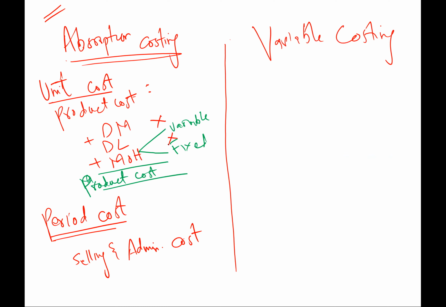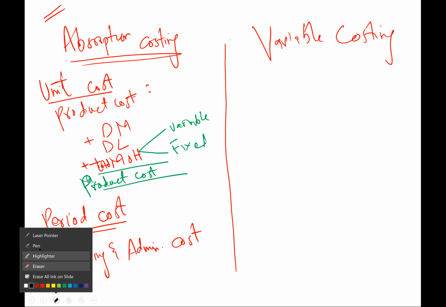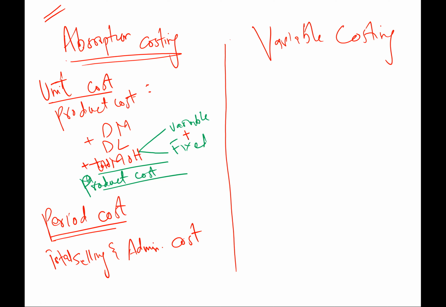It would be better if I write it down here: total manufacturing overhead, which includes fixed plus variable. Means you understand now? Okay. Now today we'll talk about variable costing.